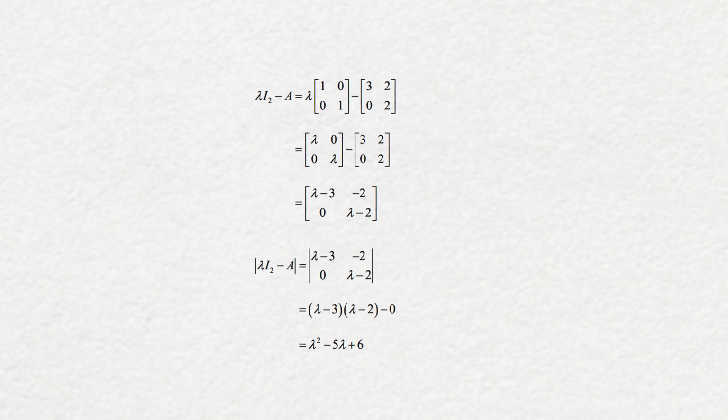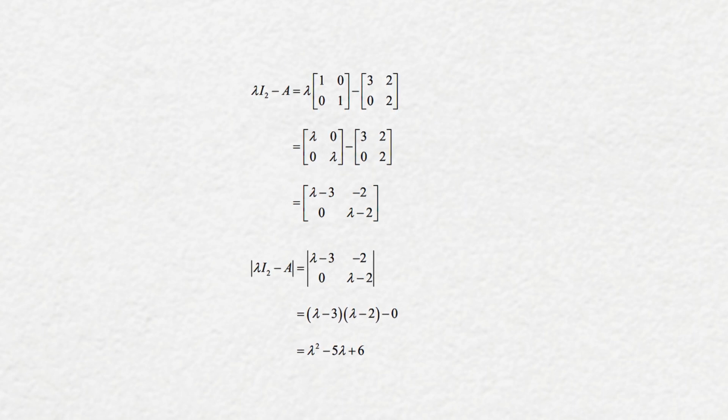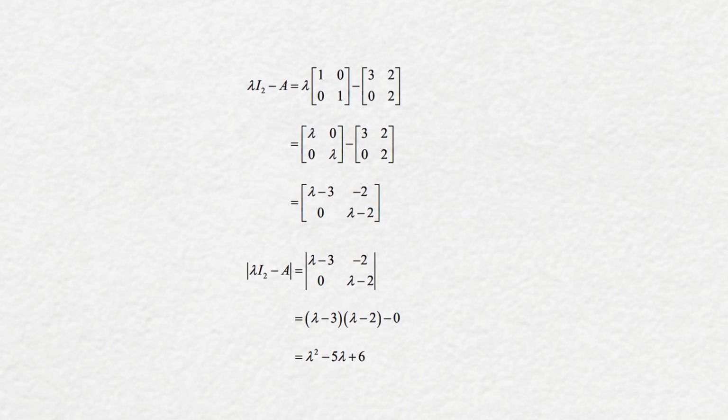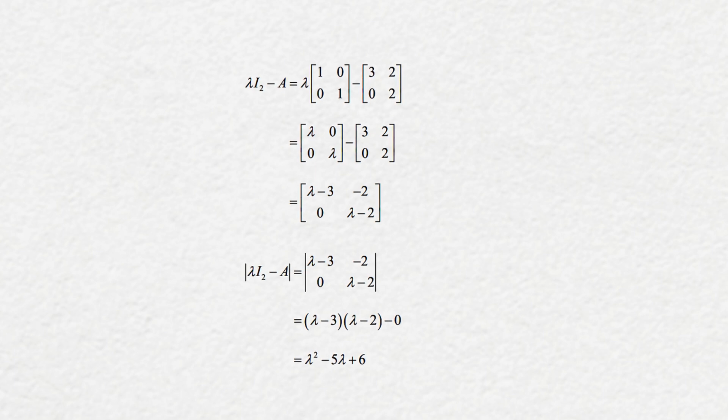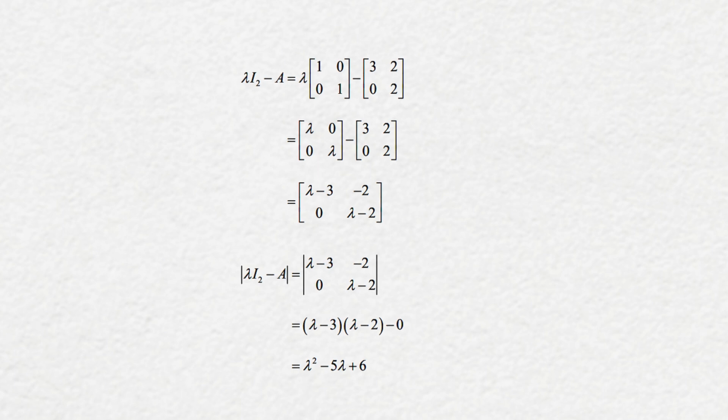First we evaluate lambda I2 minus A equal to lambda times the identity 1, 0, 0, 1 minus A, the given matrix 3, 2, 0, 2. Now it becomes lambda, 0, 0, lambda minus 3, 2, 0, 2. By usual subtraction, we can write this as lambda minus 3, minus 2, 0, lambda minus 2.